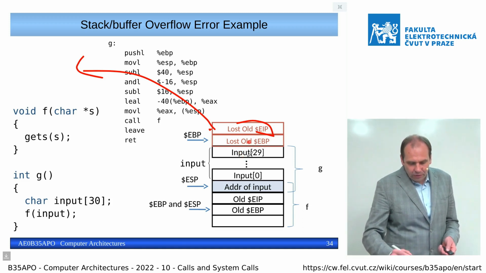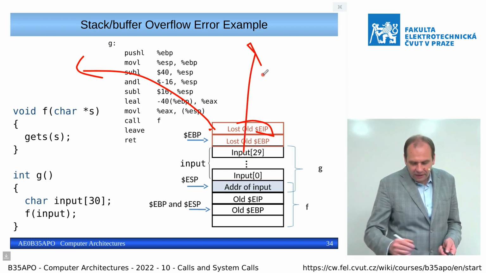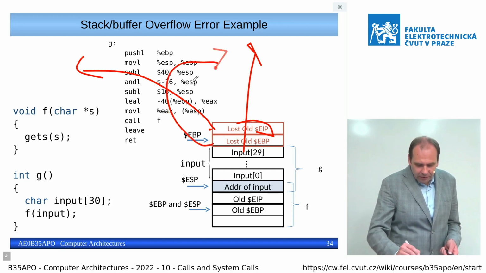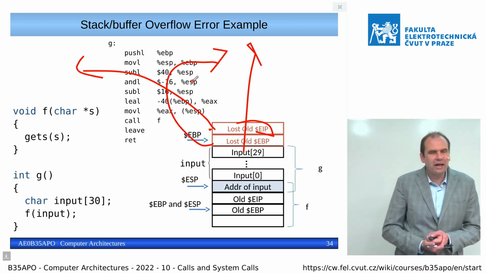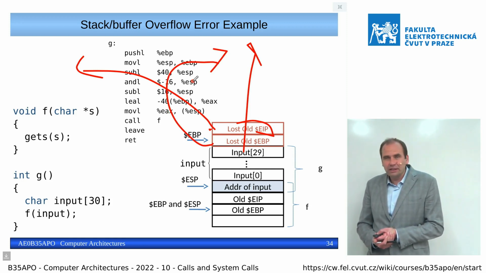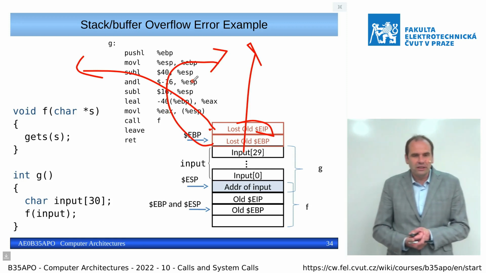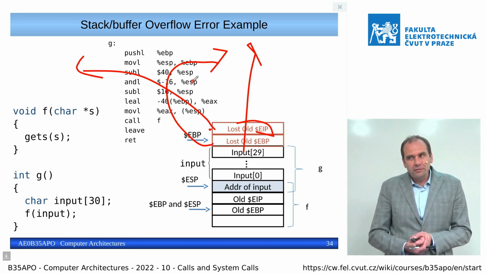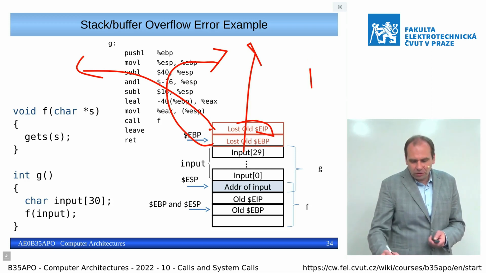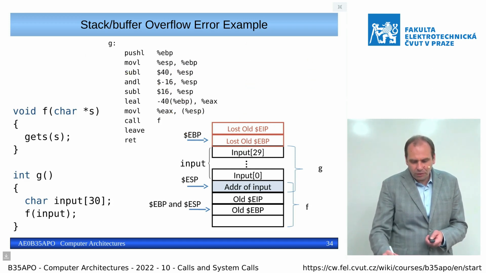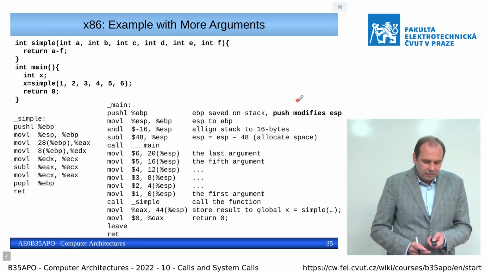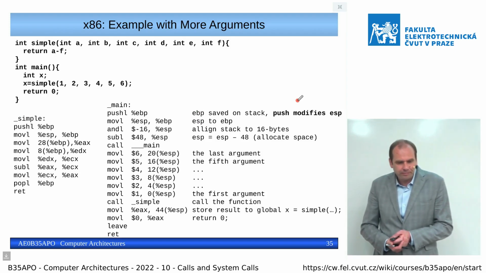You can even put arbitrary values there and then ensure that the program jumps to this area and executes something you really do not want. There is a protection, non-executable stack and so on, sometimes in use, but it is still a problem.